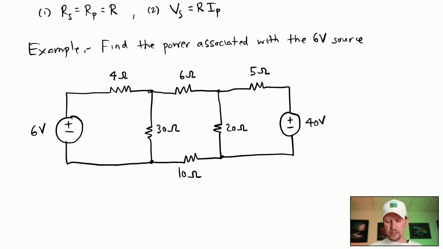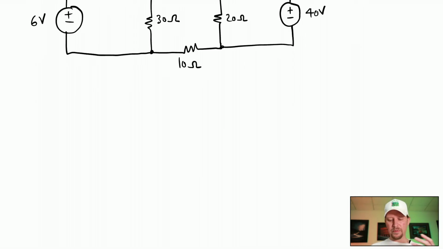Now, the strategy, really, before we even get started, the strategy is going to be the following. I want to begin on the right-hand side of the circuit, and through a series of source transforms, as well as a few equivalent circuits with resistors, I want to reduce the entire circuit to one that looks somewhat like this.